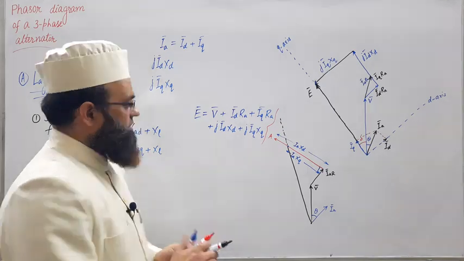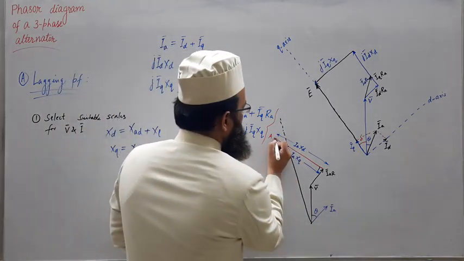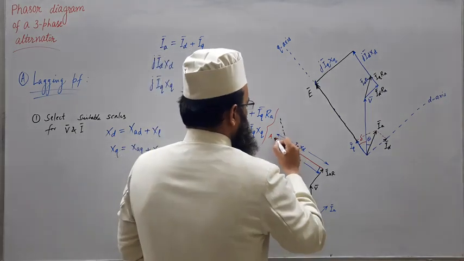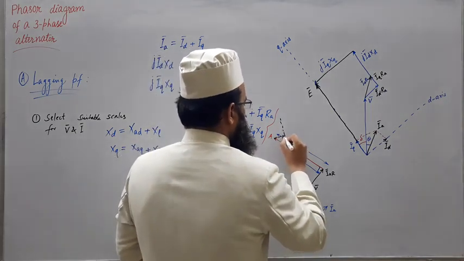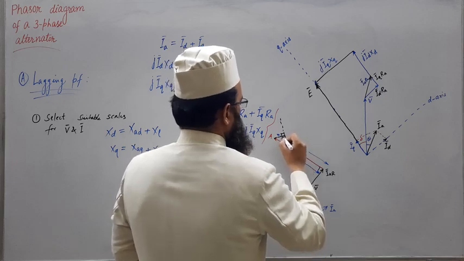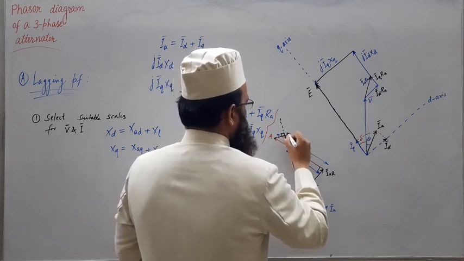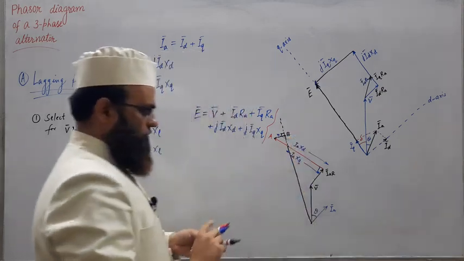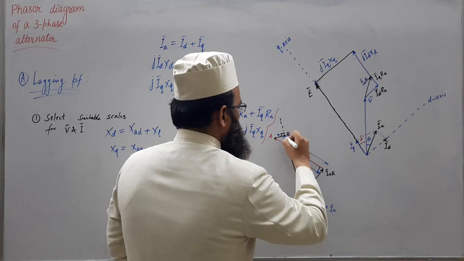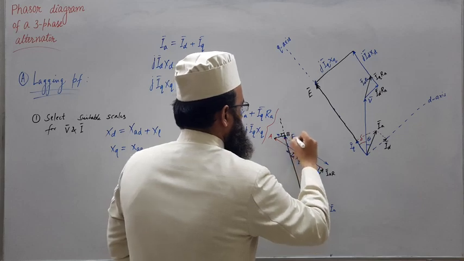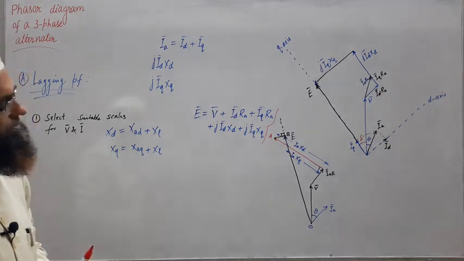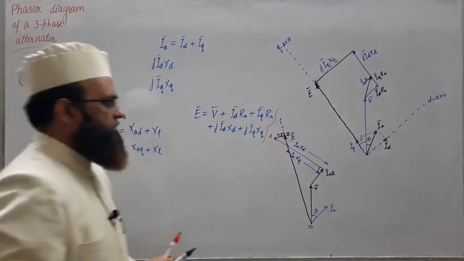Now next, draw a perpendicular from this point A on this extended line. Let us assume that this meets at some point B. So this phasor, let us say this is O. So this phasor OB gives the EMF E, no load EMF or internal EMF, per phase induced EMF.